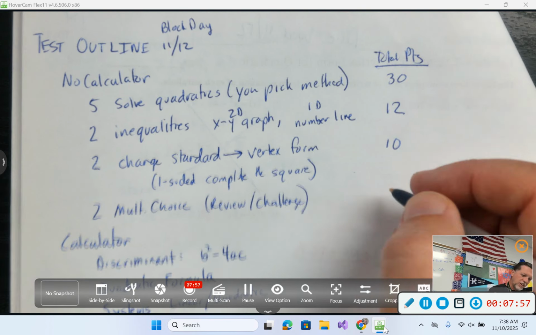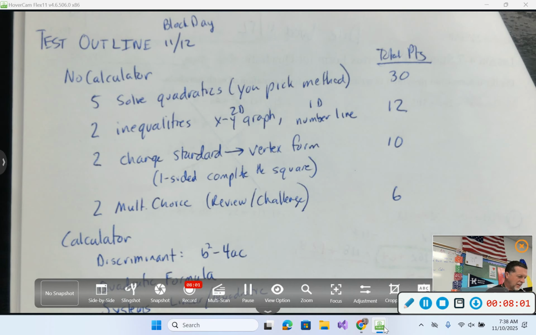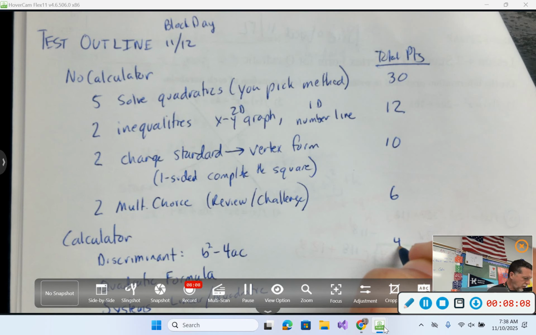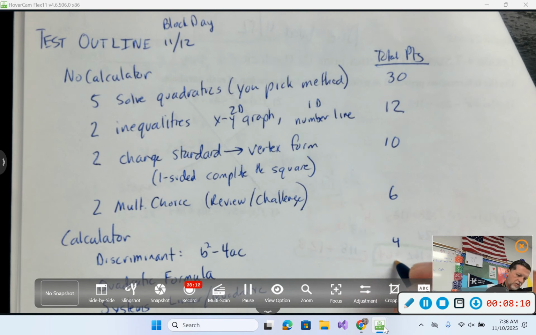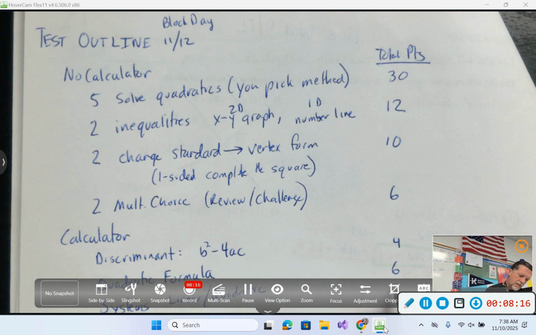The multiple choice, total of 6. Let's see. Discriminant question is worth 4. Quadratic formula is 6. Systems is 8, right? Because there's lots of pieces to that.